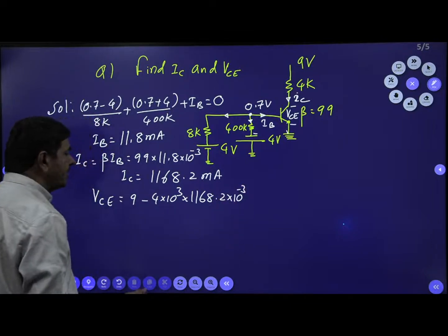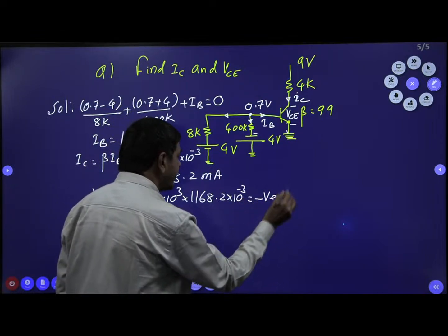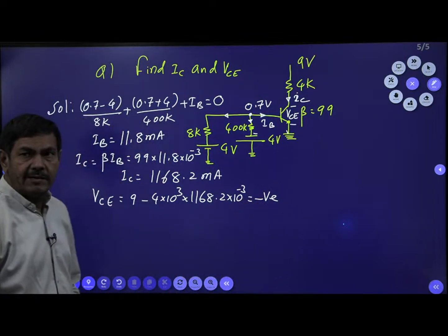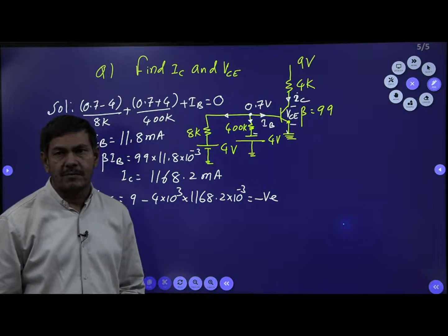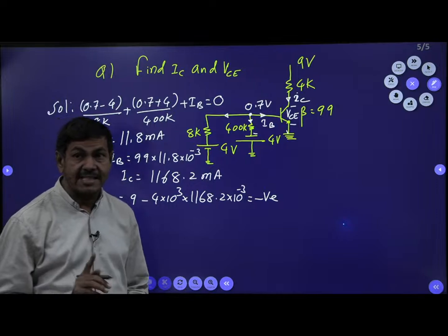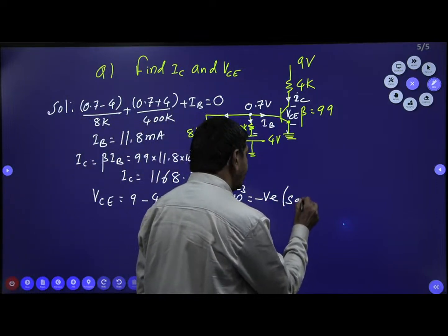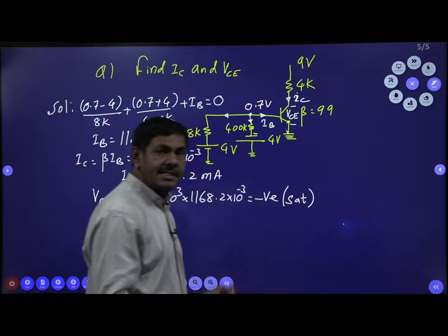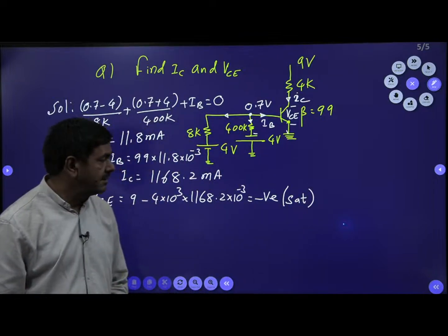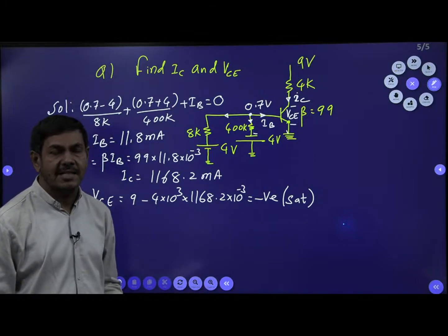This will be a negative value only. Whenever you get VCE negative, we know the transistor is not in active mode. The transistor is in saturation mode only. When VCE is less than 0.7 volts, as I explained in the last class, the transistor is 100% in saturation mode.